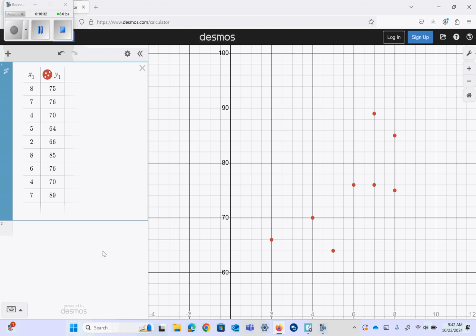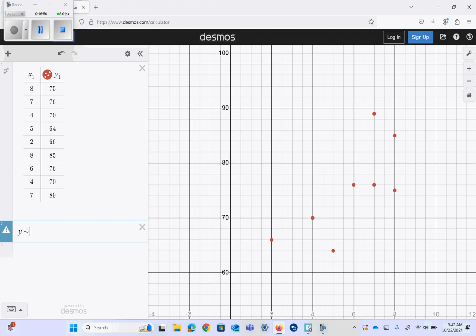That's how Desmos is going to make a line of best fit using the sum of squares. Now we can't make the squares on Desmos, but we can make our line of best fit. Am I going to use equal or tilde to find the line of best fit? Tilde.